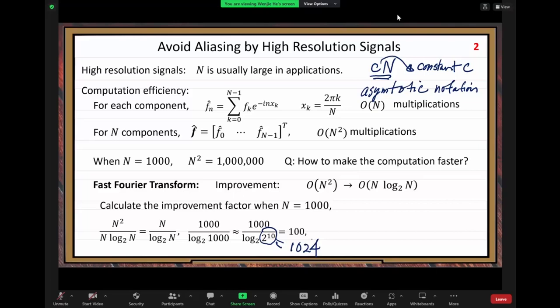All right, second one. I want to show you another example. This time n equals 1 million. Very large.